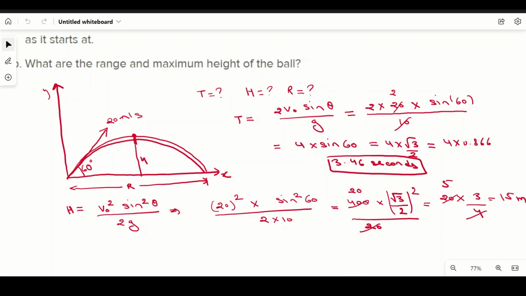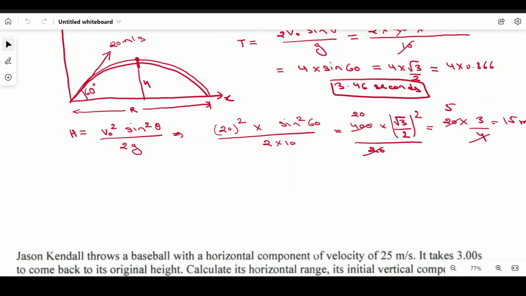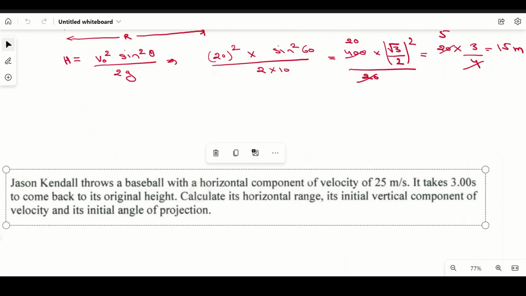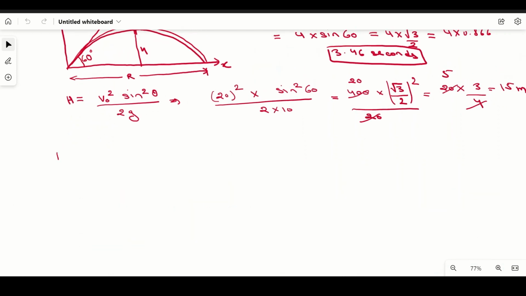And the next thing we have to find is the maximum range. What is the formula for range? The formula for range is R is equal to v naught square sine 2 theta upon g.